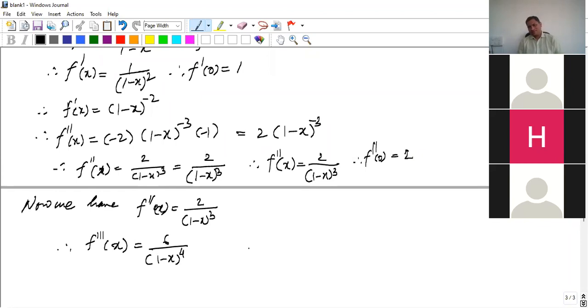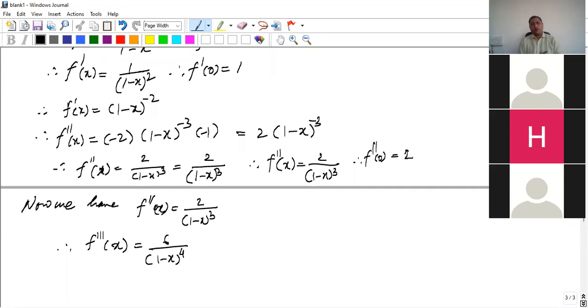Yes, sir. Because what will happen? This cube will go in the numerator. Again you will be having minus 1 upon (1 minus x) bracket raised to 4, and this minus 3 will become plus 3.